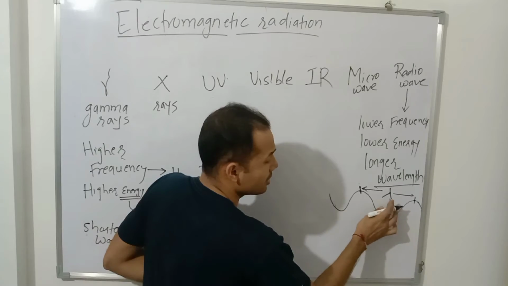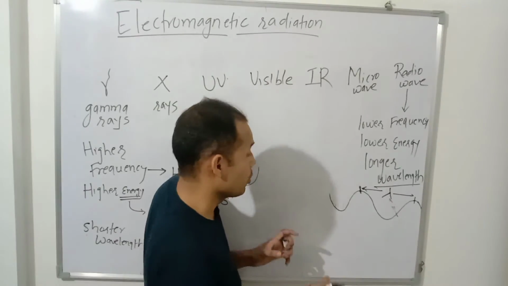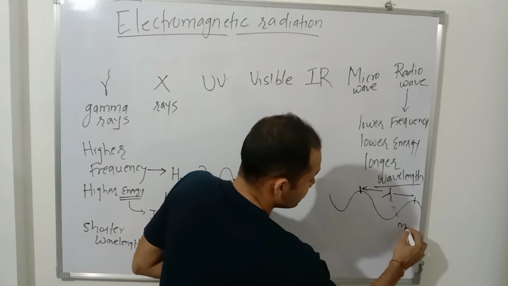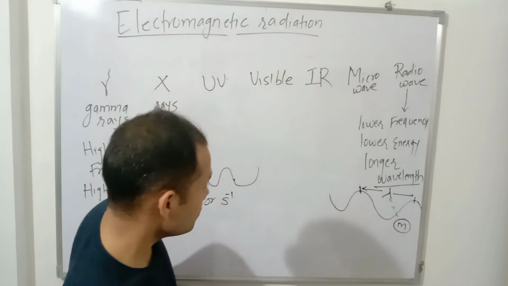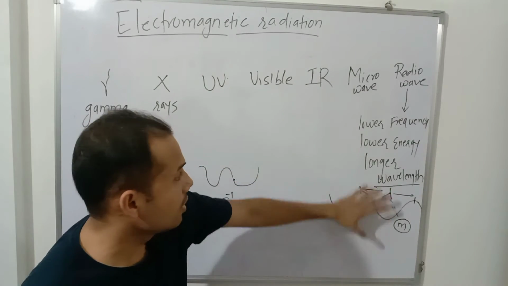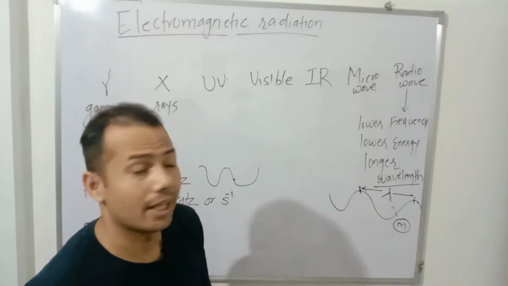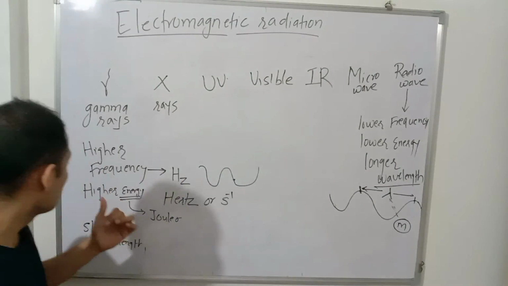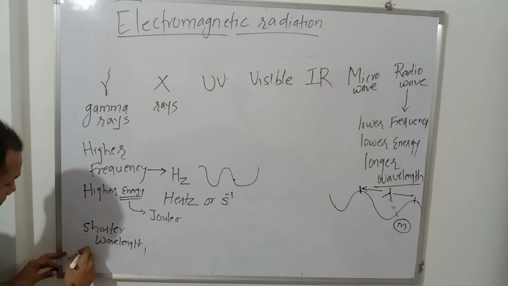It is denoted by the symbol lambda, and its unit is meter. So it has a longer wavelength, but a lower frequency as well as lower energy.